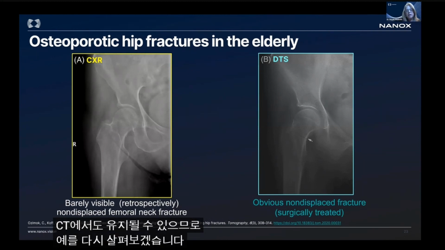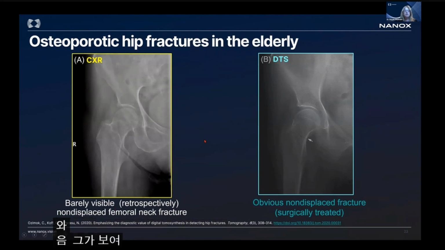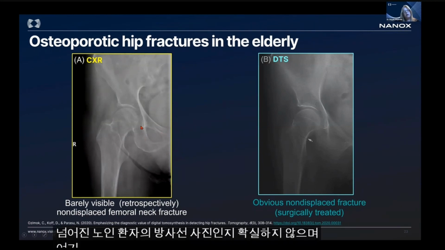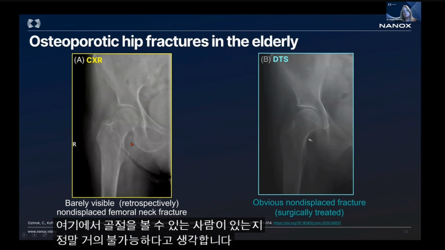So let's look at an example. Again, this is from a published article by Asimov, and he showed, he or she, I'm not sure, a radiograph of an elderly patient with a fall. And can anyone see a fracture here? I think it's really almost impossible.